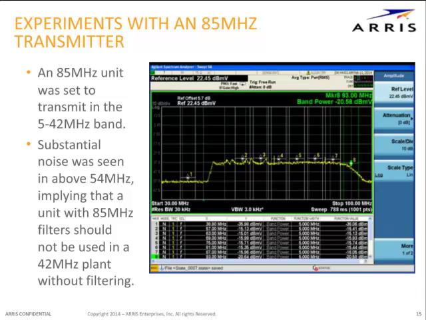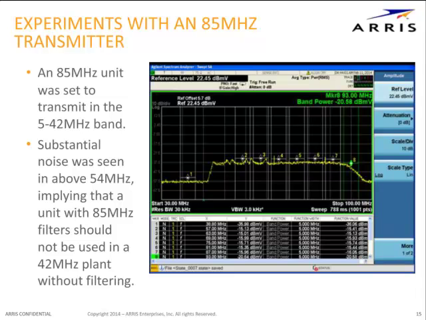But the gist of it is that there's substantial noise that will be leaking out of the D to A above 42 megahertz because there's no longer a filter there to block it inside of the unit.